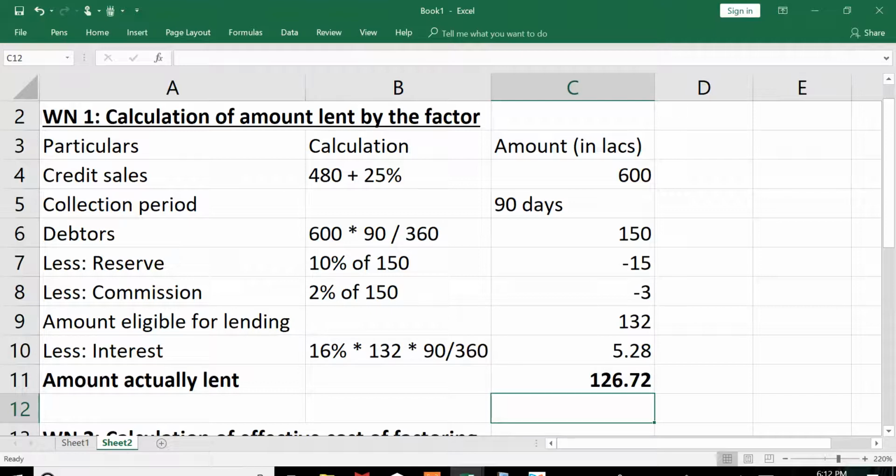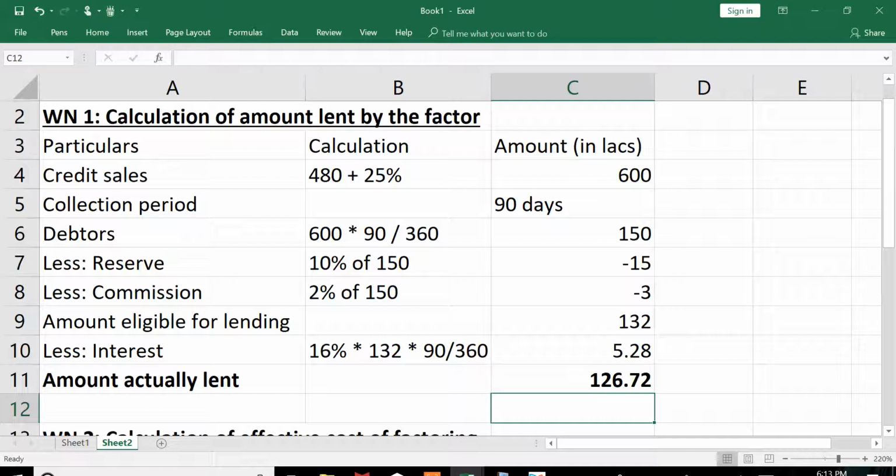Clear? Can we proceed? Next, working note 2, computation of effective cost of factoring. Effective cost of factoring. Particulars, calculation, amount.